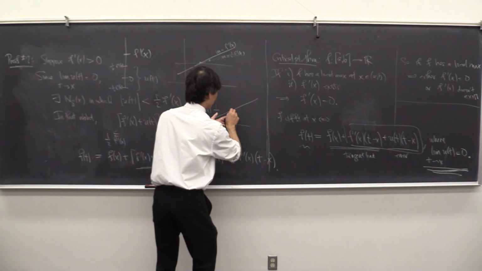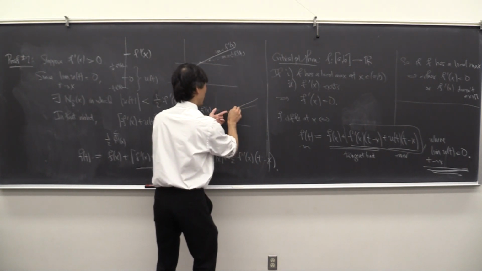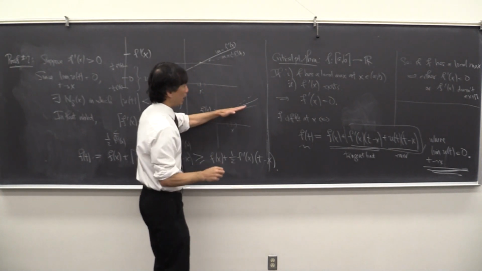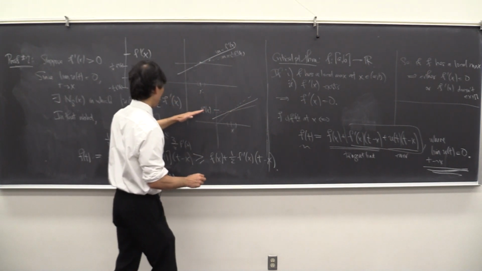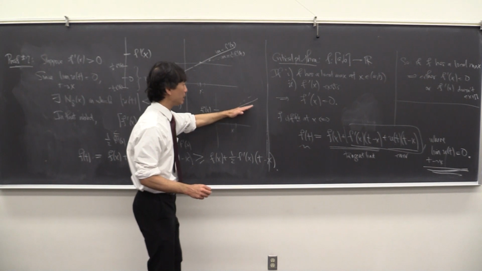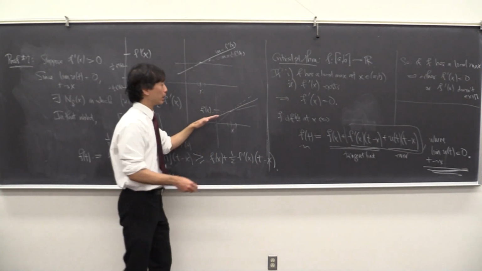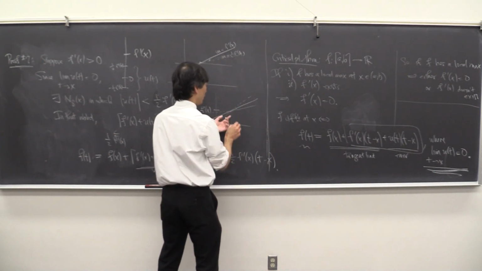Okay. So what I do is I choose a neighborhood in which I know that my function has to be trapped between these two lines. I don't know exactly how my function works, but I know that I can find a place where my function is trapped inside here, right?